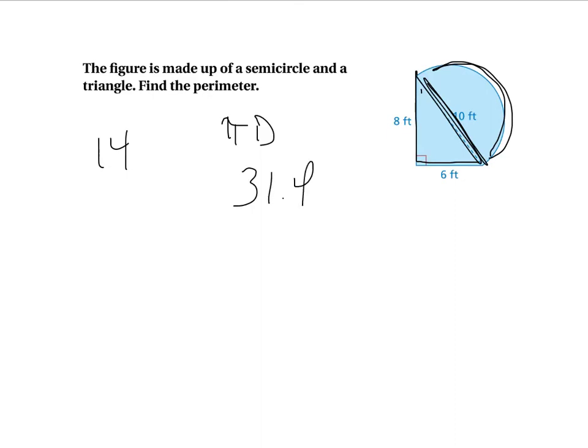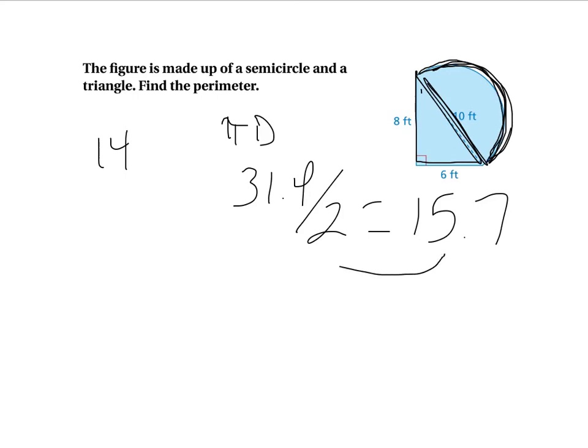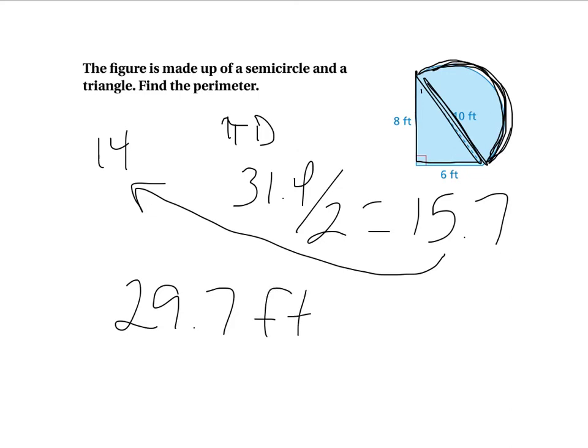The problem is I only want 1/2, so I'm going to divide this by 2, and that would be 15.7. So that gives me the distance of this. I then need to add that back to the 14, and I would then get 29.7. Again, you got to label. This is in feet here, so I'm going to label feet.